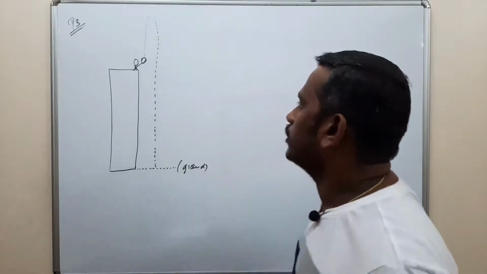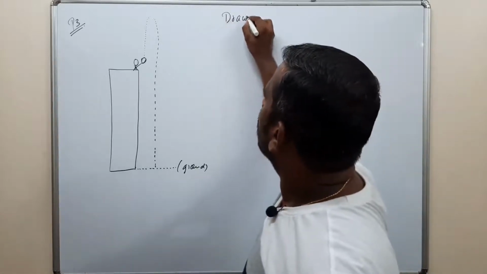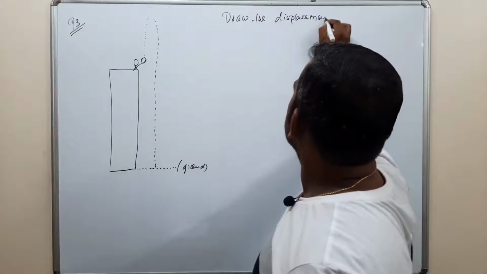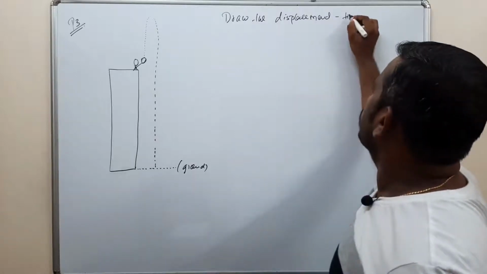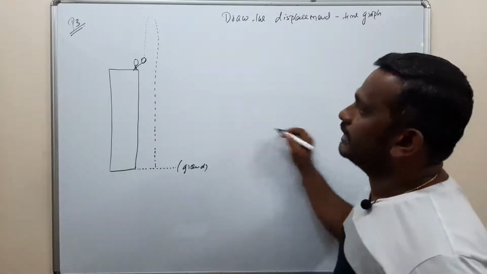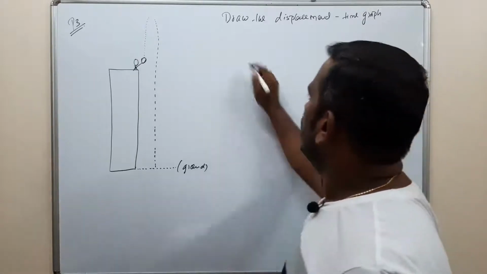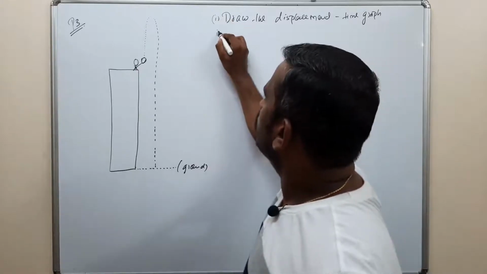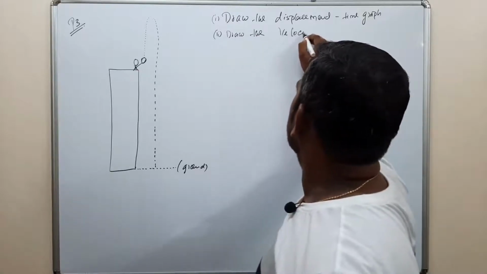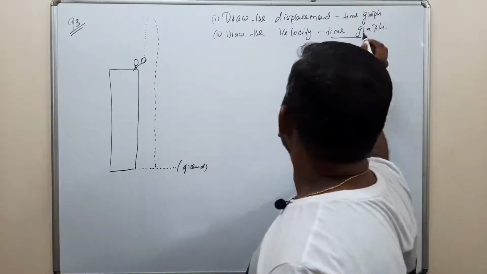We have to draw the displacement time graph, and second, draw the velocity time graph for the motion of the ball.